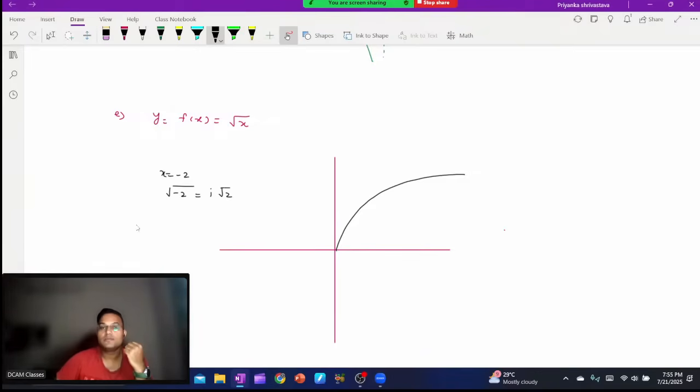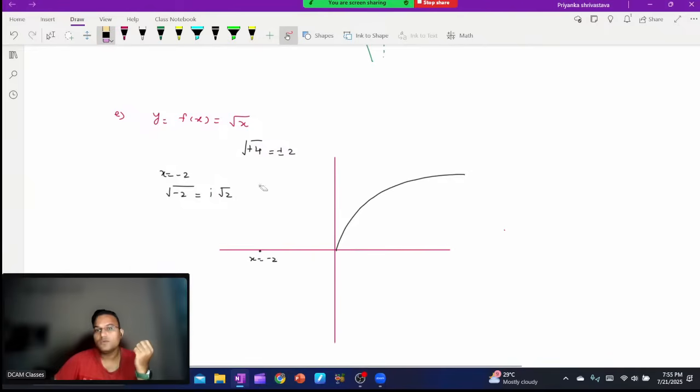No, sir, not root -2. I'm talking about root 4, which you can express as plus or minus 2. But that minus value won't exist. X can never be negative.